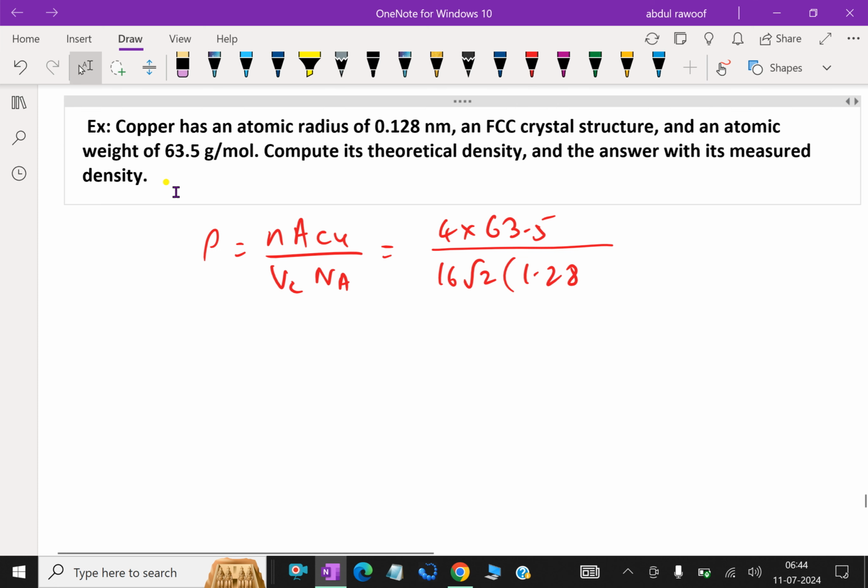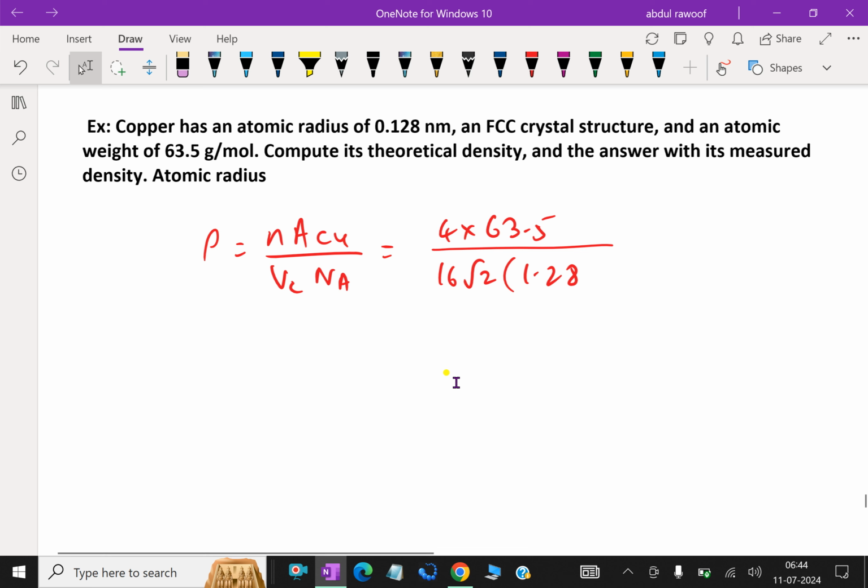The atomic radius is given as 0.128 nanometer.